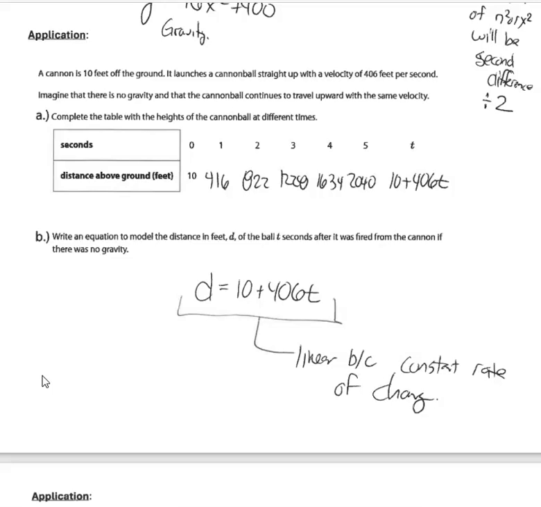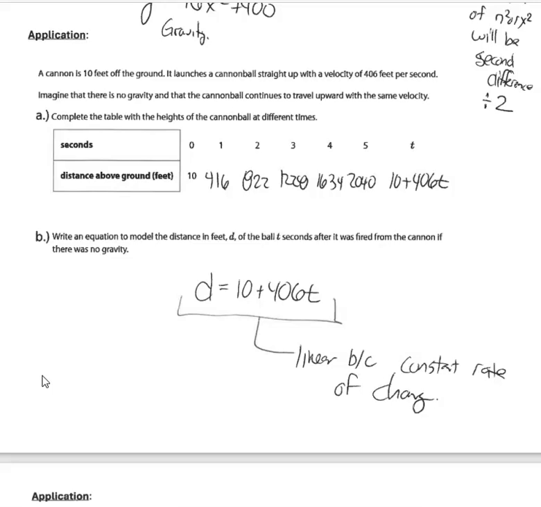Instead of y and x, they're using d and t, but we decided in class to write this as an equation first, and then use the equation to come up with our table. You can do mx plus b or b plus mx, same thing. In this case, we had the original of 10 feet, and then you're adding 406 feet per second.